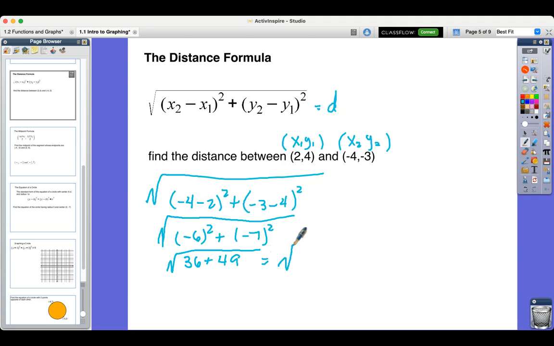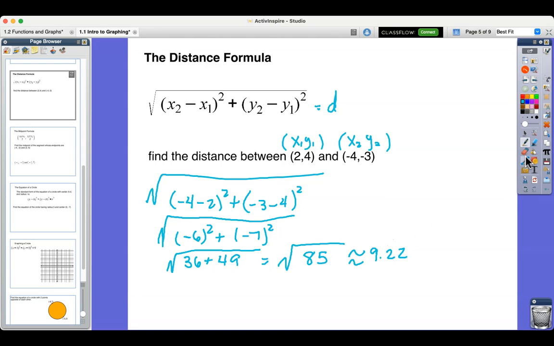Now we add them up. We get radical 85. You can leave this as radical 85, and I would. If it asks you for an approximation, you can put it in your calculator, and it should round off to roughly 9.22. The only reason we might use that is because they ask us to round to 2 or 3 decimals.